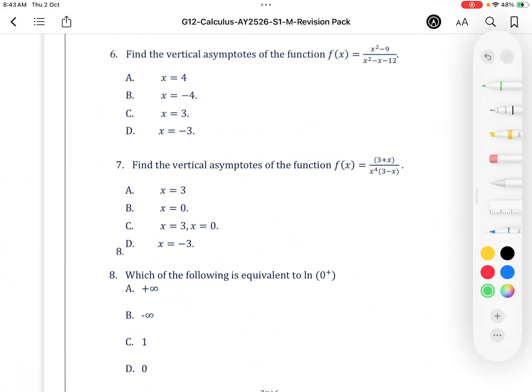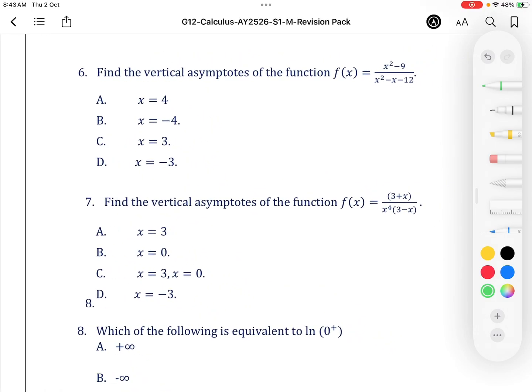Question number 6. Find the vertical asymptote. First we factor. The two numbers are +3 and -3.